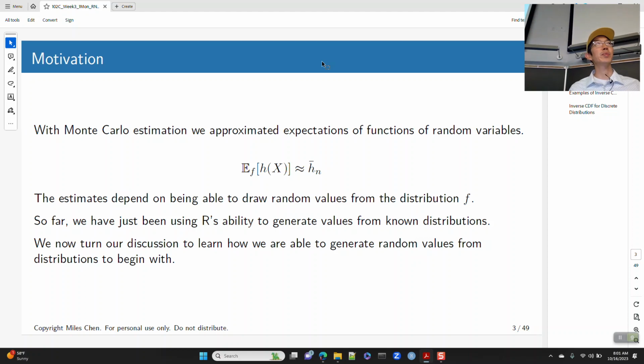We can estimate the mean of some function when you apply it to a random variable. And then we can use that to estimate the quantities of integrals, which is helpful because, especially in Bayesian statistics, the quantities that you want are often the results of some kind of integral.